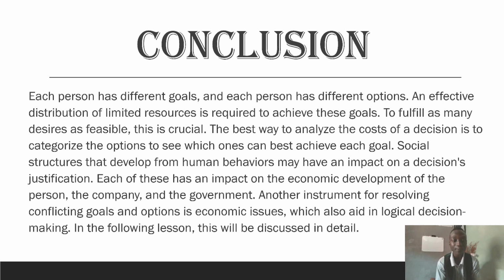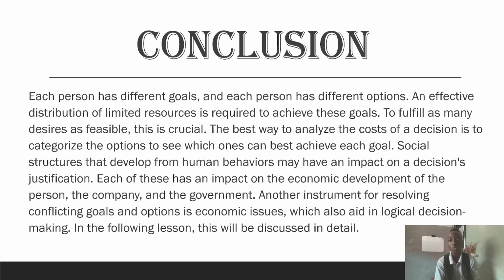The best way to analyze the cost of a decision is to categorize the options to see which ones can best achieve each goal. Social structures that develop from human behavior may have an impact on a decision's justification.